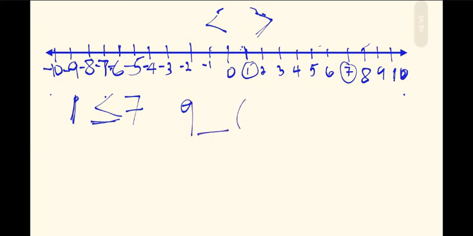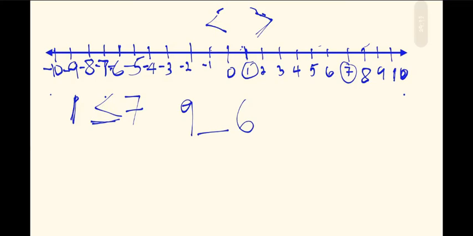Let's try another example from this same number line. 9 and 6. Yes, we use the same principle. 9 is farther away from 6, so we use the greater than sign so that the sign opens up on 9.